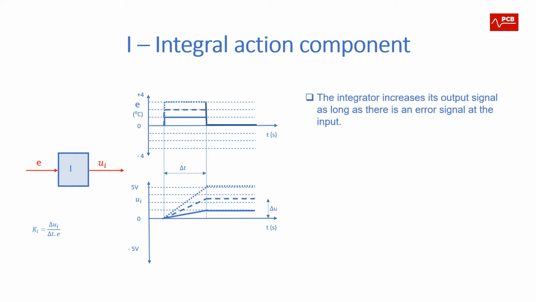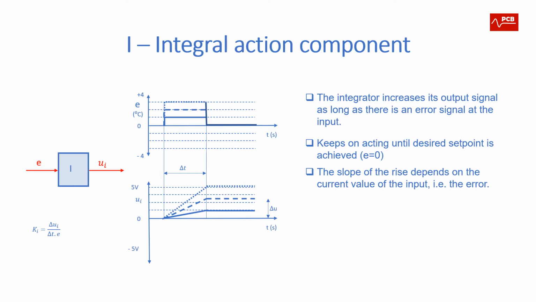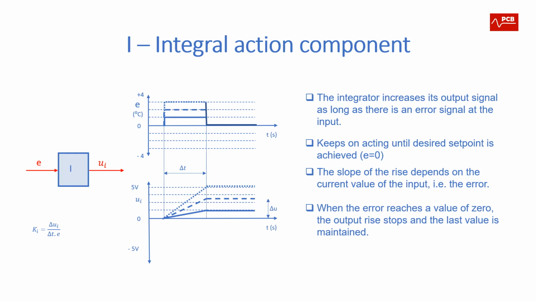And when there is a step change of error, then the integrator increases its output signal as long as there is an error on its input. And the slope of the rise depends on the current value of the input. It means the current value of the step change in our case.